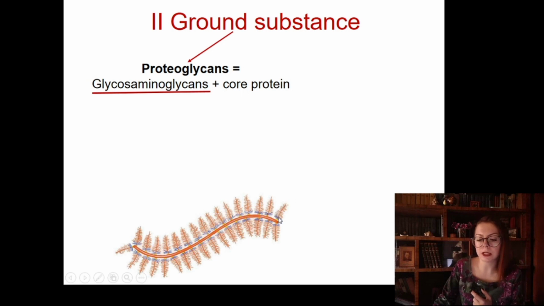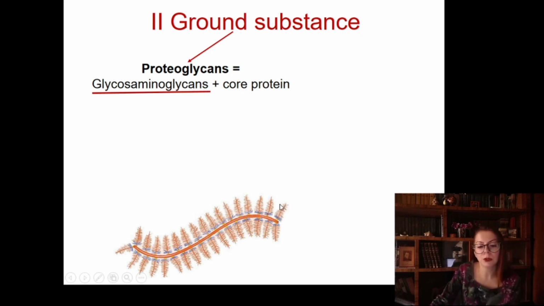And here exactly proteoglycan is shown. Here we can see in the center the core protein, and those needle-like structures are glycosaminoglycans. And as you can see, those glycosaminoglycans prevail in number. They are much more numerous than the single core protein.